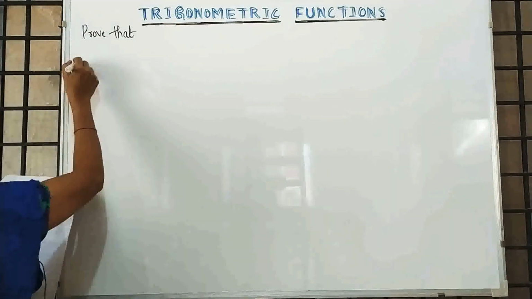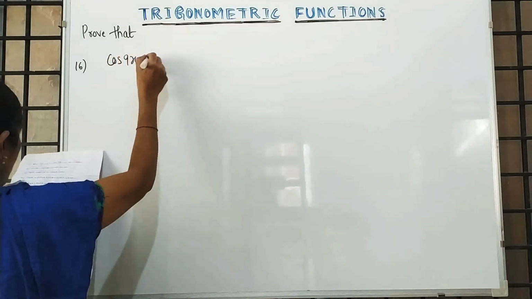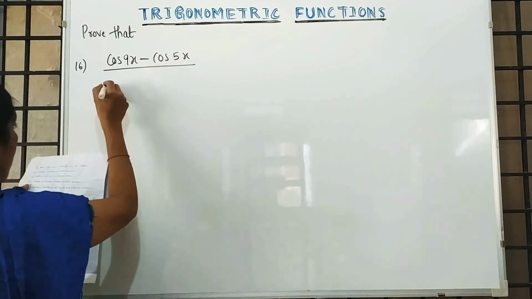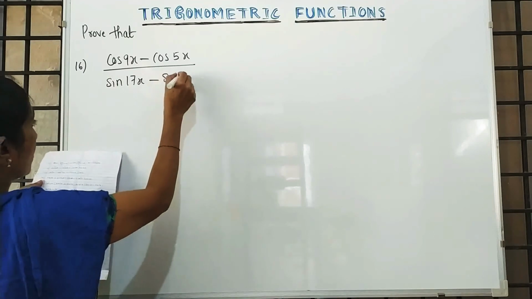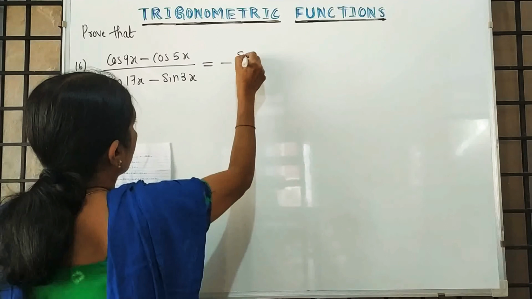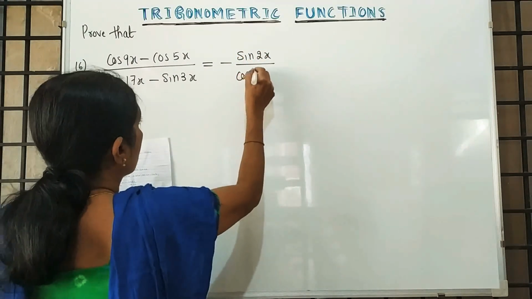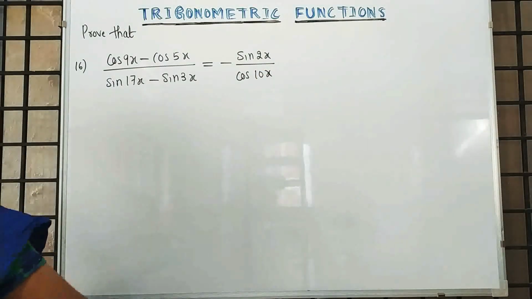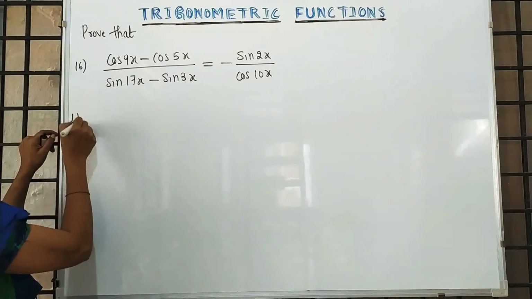Prove that cos 9x minus cos 5x divided by sin 17x minus sin 3x is equal to minus sin 2x divided by cos 10x. So again write on the left side and apply cos c minus cos d and sin c minus sin d.